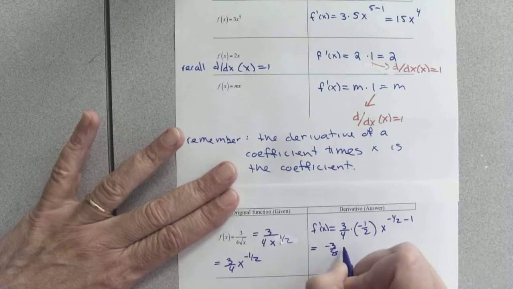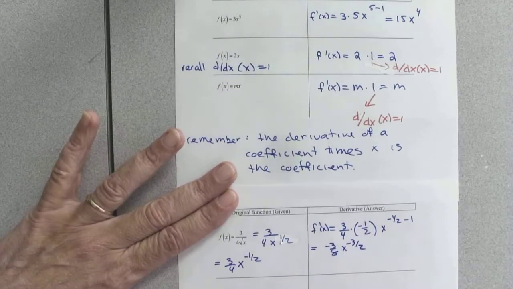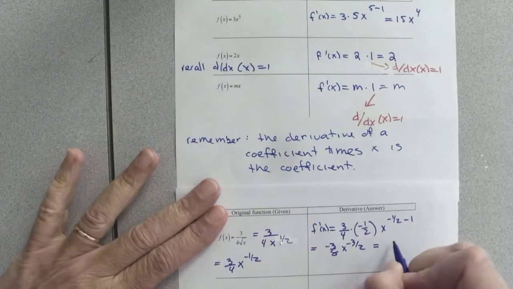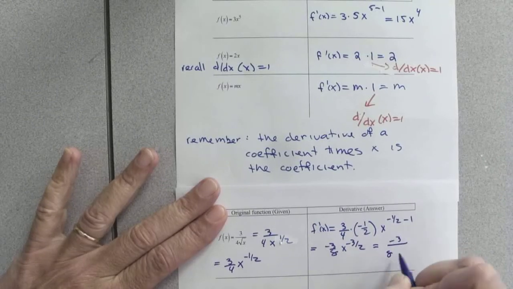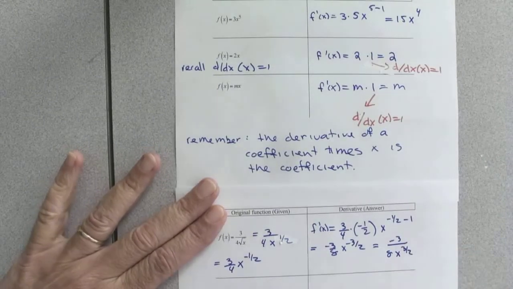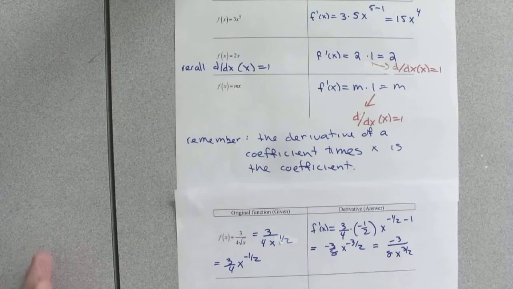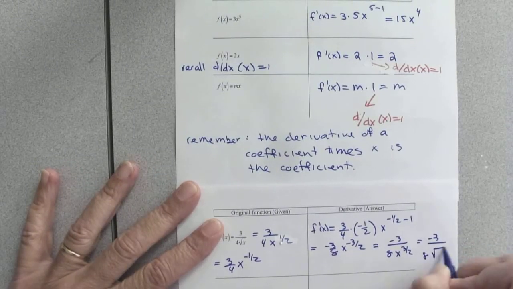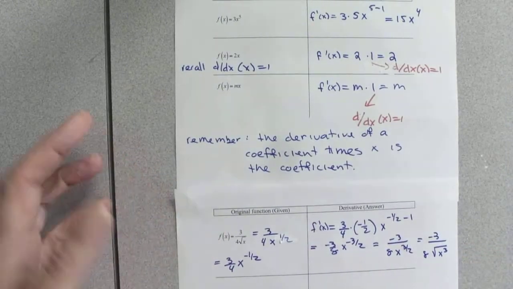So that's negative 3/8 x to the negative 3/2. Then the original problem was a radical, so I should try to return the answer to a radical. So that's going to be negative 3 over 8x to the 3/2. Radicals go with positive exponents. So take that exponent back to the denominator. And so that's negative 3 over 8 times the square root of x cubed.